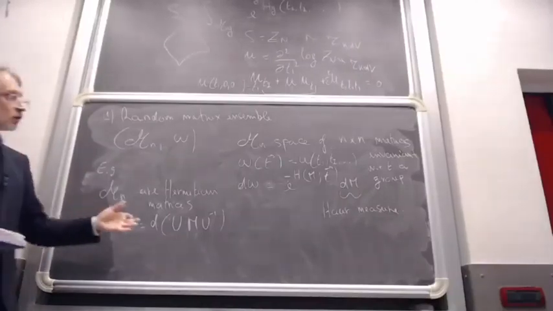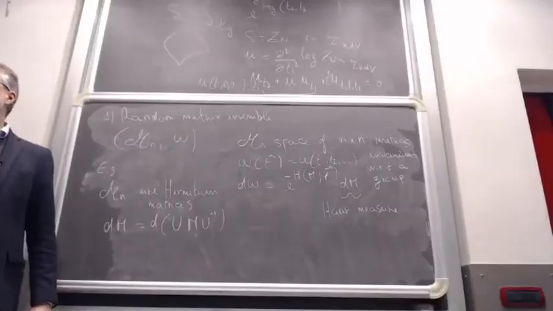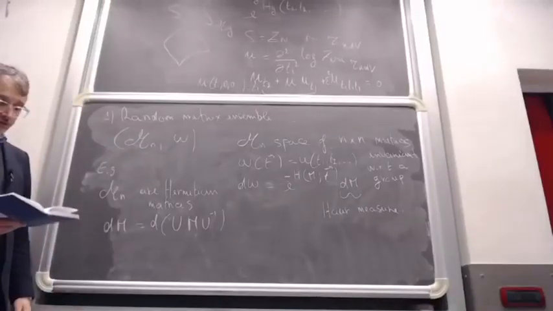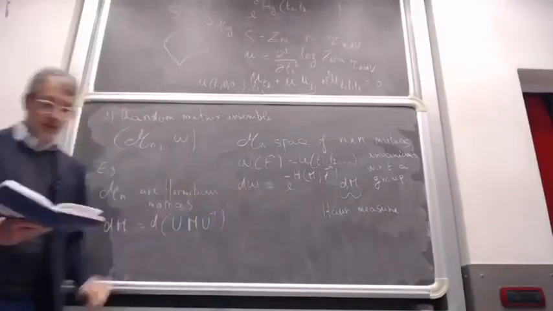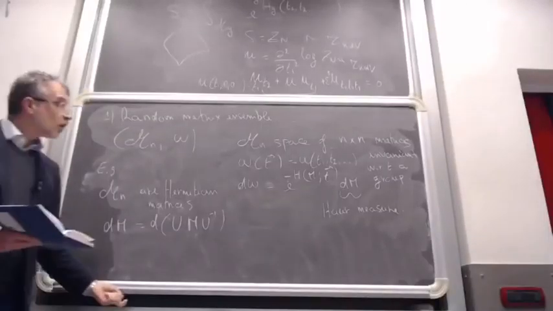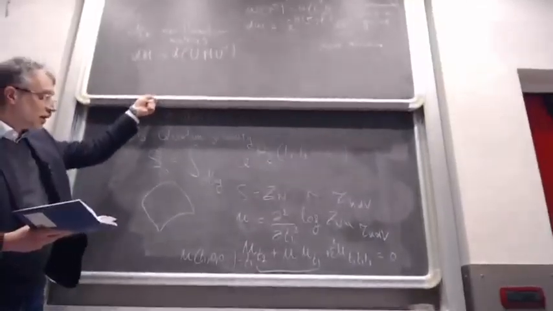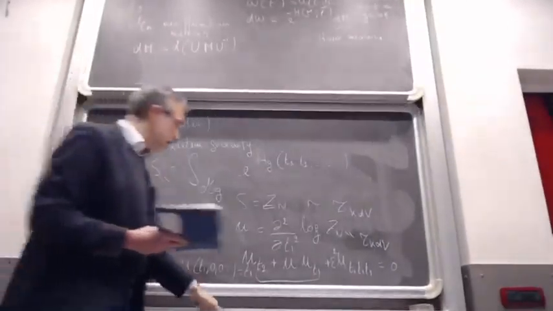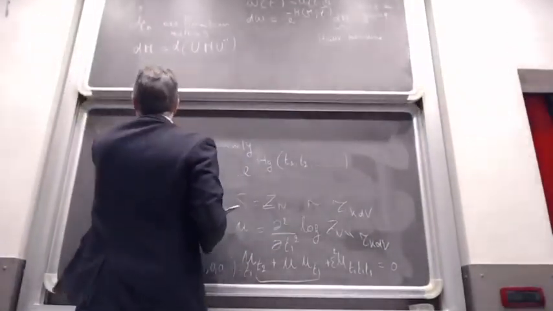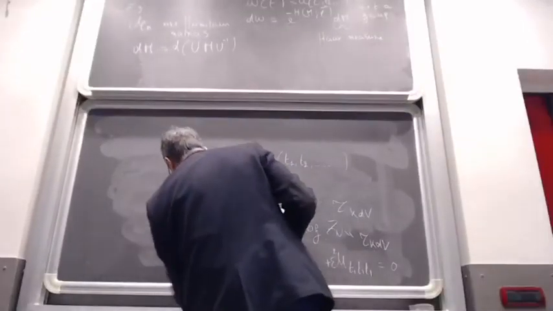So we consider a measure that is invariant under the group transformation. Actually, omega is invariant under the group transformation. Once you have the measure, of course, you can define a probability distribution.